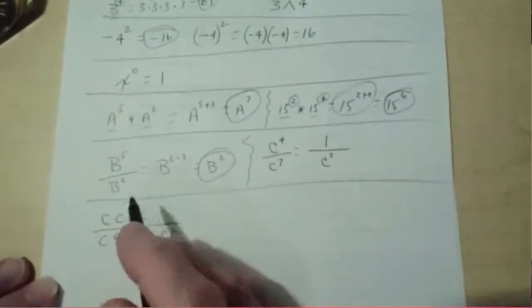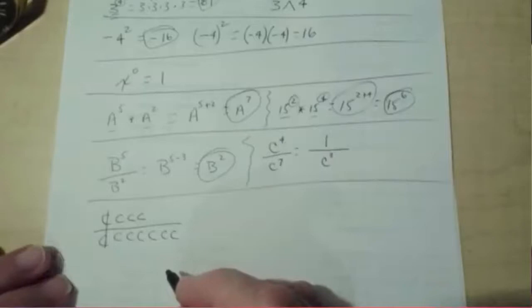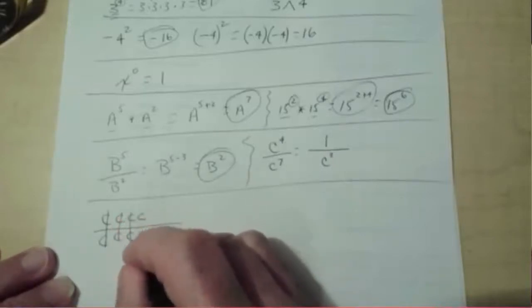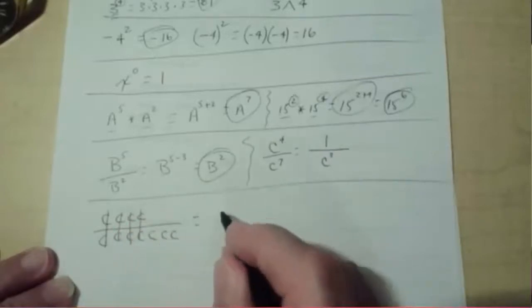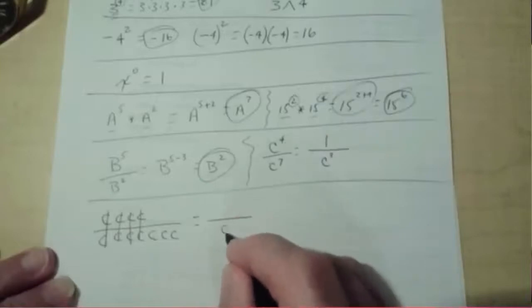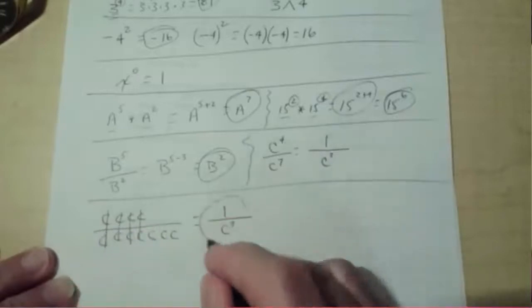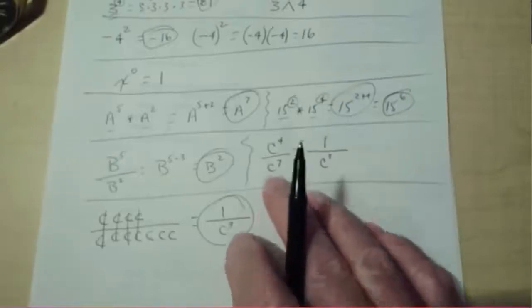C divided by c is 1. Right? Any number divided by itself, 15 billion divided by 15 billion is 1. And again, c divided by c is 1 and 1 and 1. So what do we have left? C times c times c, which is c cubed. Now, what's in the numerator? All these are 1s, so we have to have the 1 in the numerator. Okay? Okay.